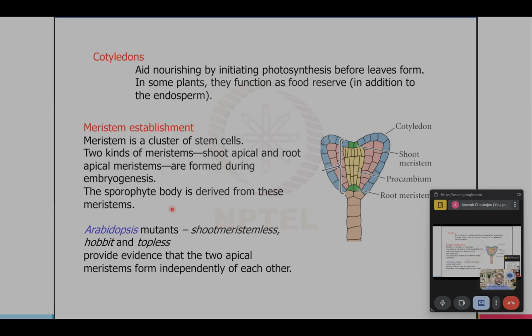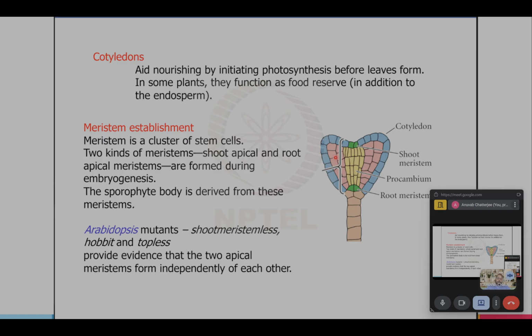So if you have a shoot meristemless, hobbit or topless mutant, all of these inhibit either of the meristems independently, so that particular parts of the meristem do not form. You can have a topless plant which doesn't have a shoot meristem, and thus you do not have anything above the ground, but the roots do form. All of this has been figured out.